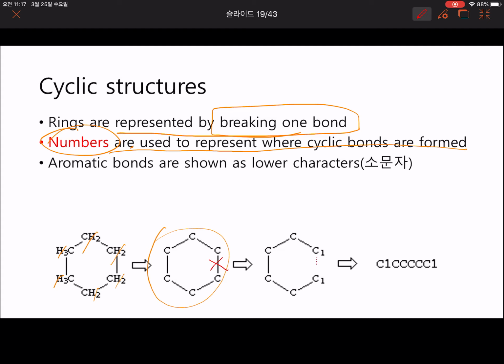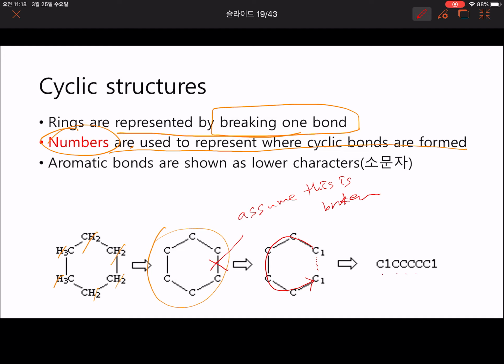But actually there is a line, right? But we have to represent it as a chain, so we just artificially assume that this is broken, right? Then it becomes a chain molecule. Then we can write down like this.